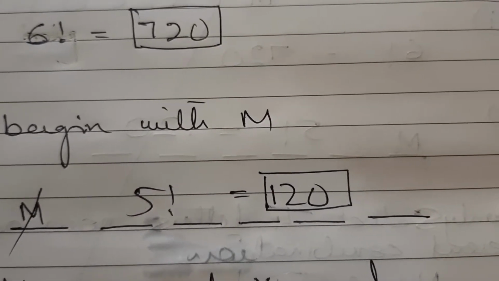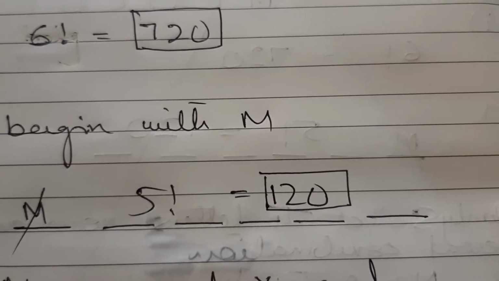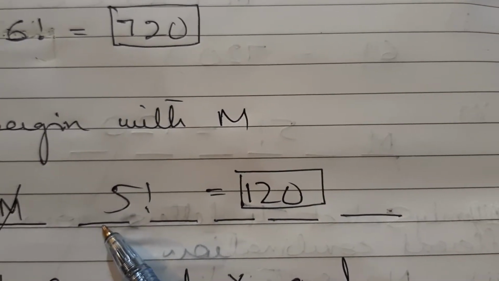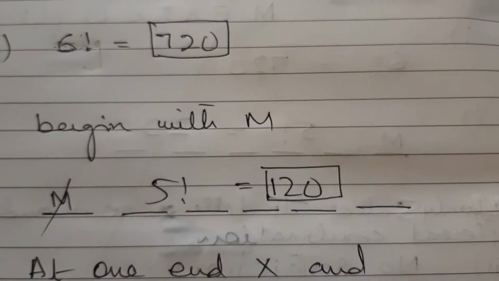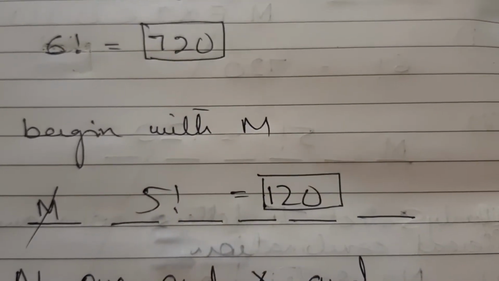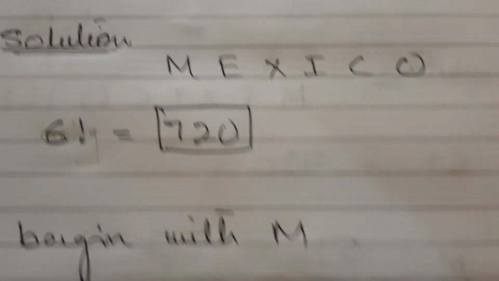Put it there, the letter or the digit, whatever, and then just suppose it is not there. So what is left now? 5 digits and 5 places. So straight away it will be 5 factorial. So all the words beginning with M using the letters in the word Mexico.